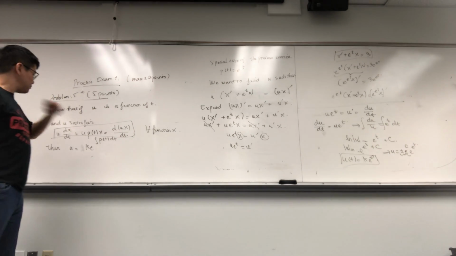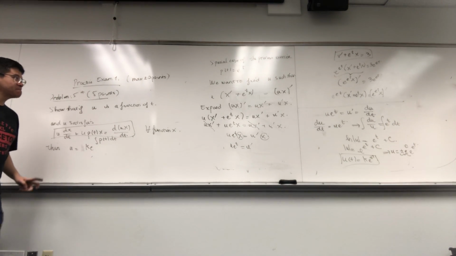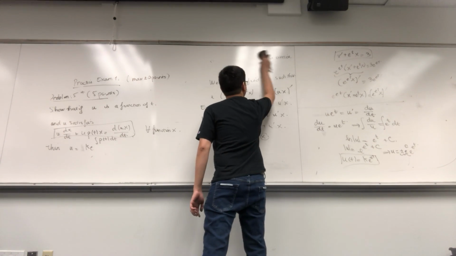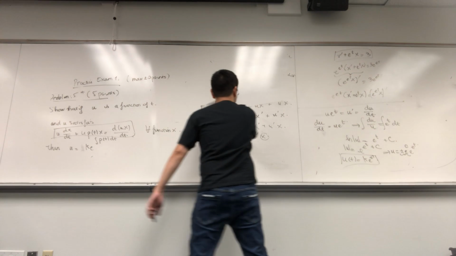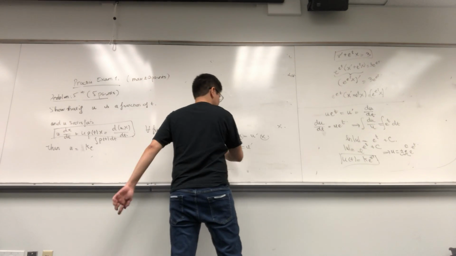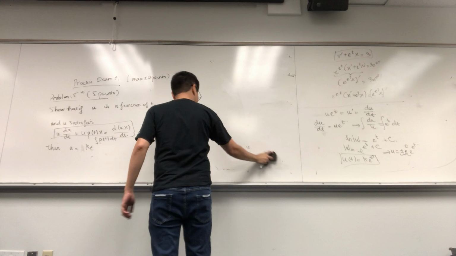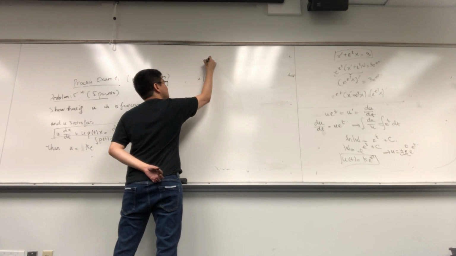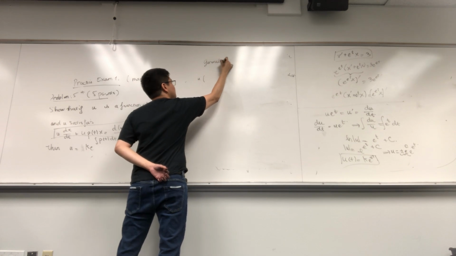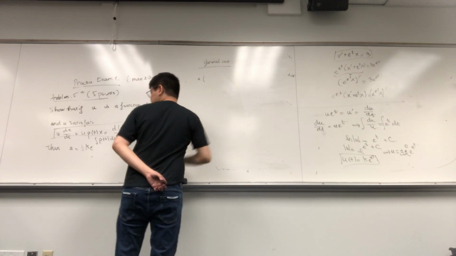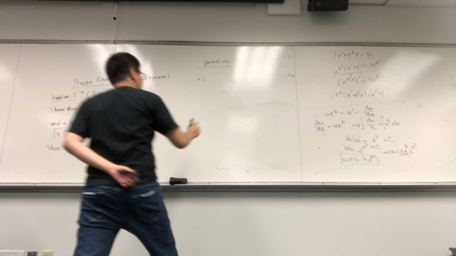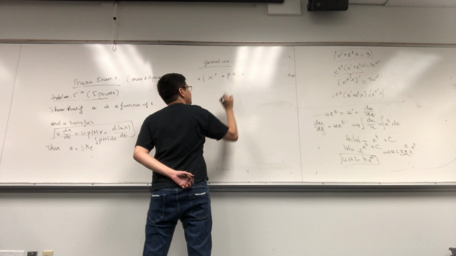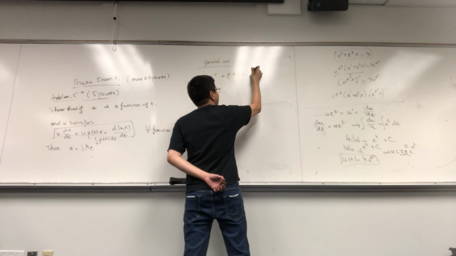All right, so now let us go to the general case. The general case will be with now p of t. So you want to find u such that u x prime plus p u x is equal to u x prime.